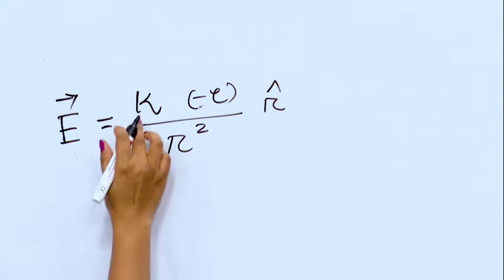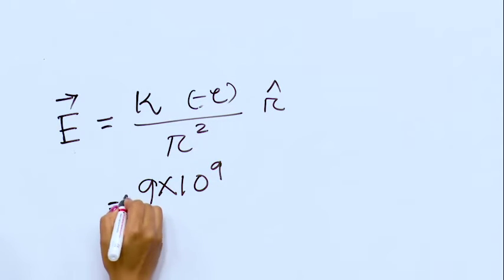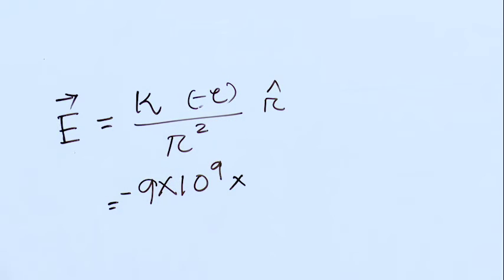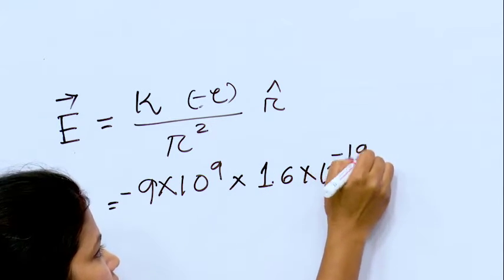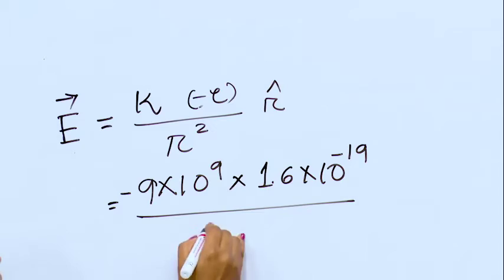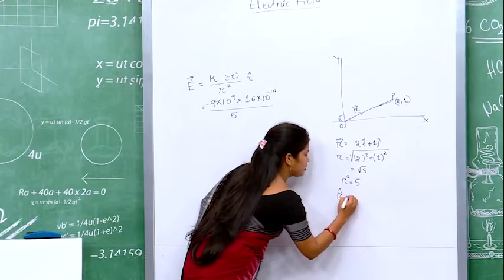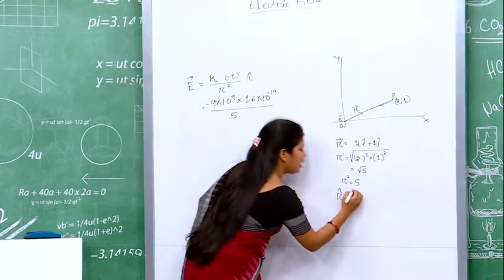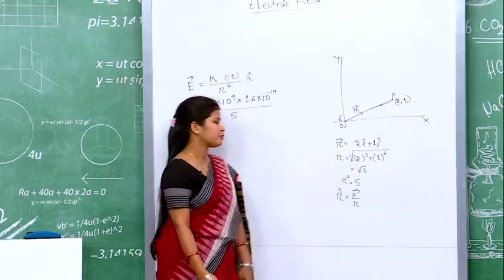What is the value of k? That is 9 into 10 to the power 9, into minus, here, what is the charge of one electron? It is 1.6 into 10 to the power minus 19, upon R square. What is R square? Yes, 5. And here, we know R cap is R vector upon R. This R means the R magnitude.